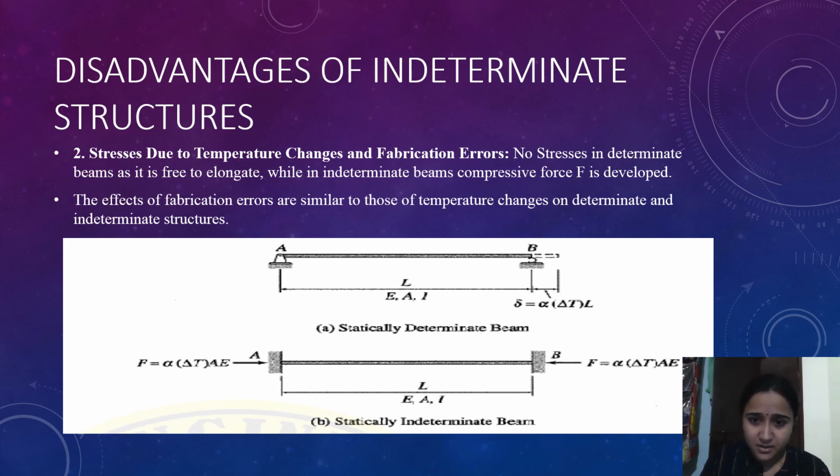So here first a statically determinate beam is shown, where delta is only the elongation produced. But in the statically indeterminate beam, a compressive force F is developed because of the temperature change. The same is the case for fabrication error. So extra forces are developed because of temperature changes and fabrication errors.